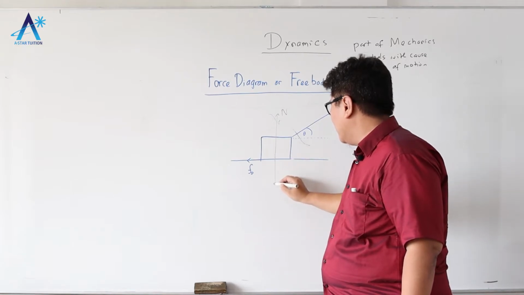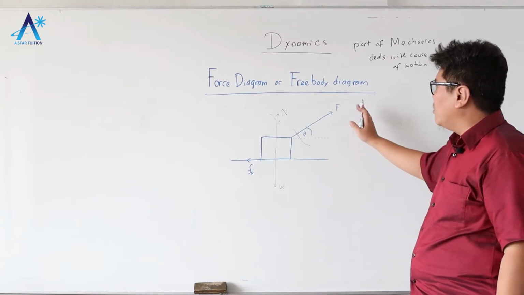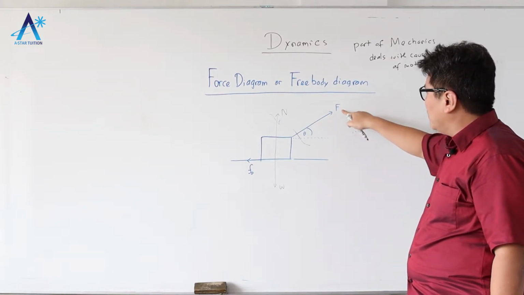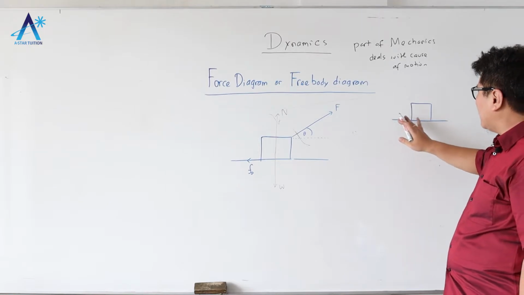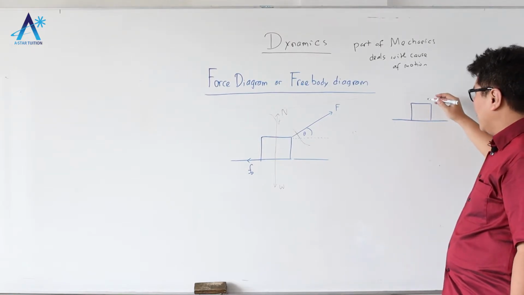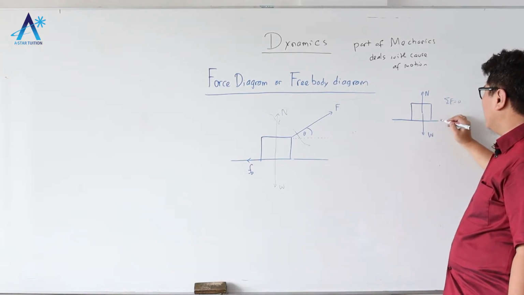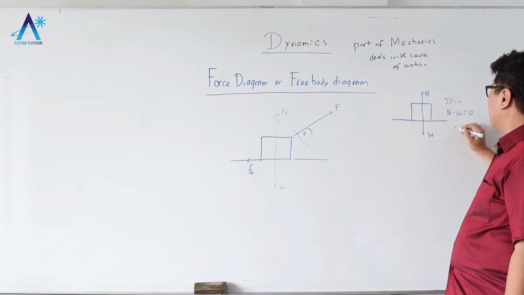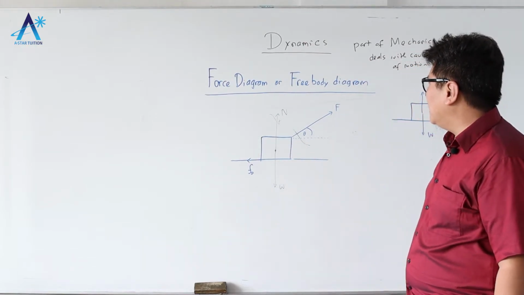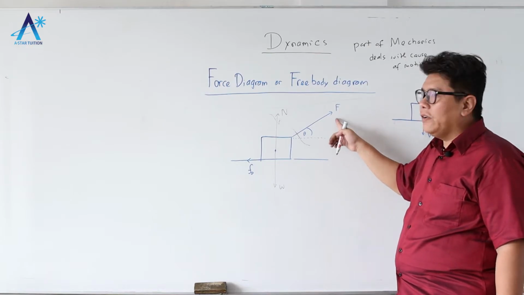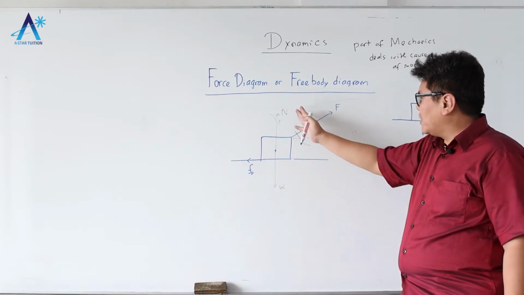Normally, in a situation when there is no pulling force, say an object stationary on top of a table, the normal force is equal to the weight, because the resultant force is 0, so N minus W is 0, so N equals W. But in this case, N is not equal to W, because there is a component of the pulling force that contributes in the upward direction.